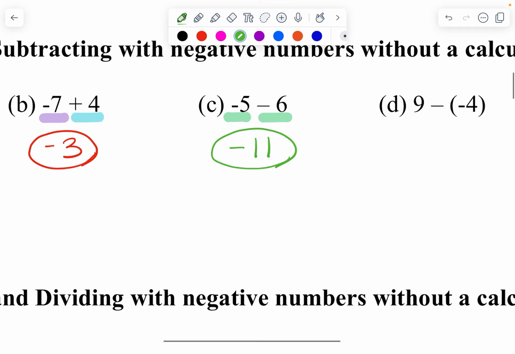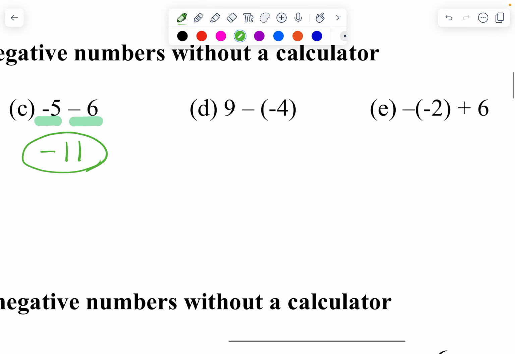Okay, so then part D here, well, what do I have? I definitely have in a number 9 a positive number. But what the heck is going on with number 4 here? Well, I'm not a huge fan. In fact, I'm going to delete that line that I put there. I'm not a huge fan with 4 of having the double sign in front of it. It's a -4. I don't like that.